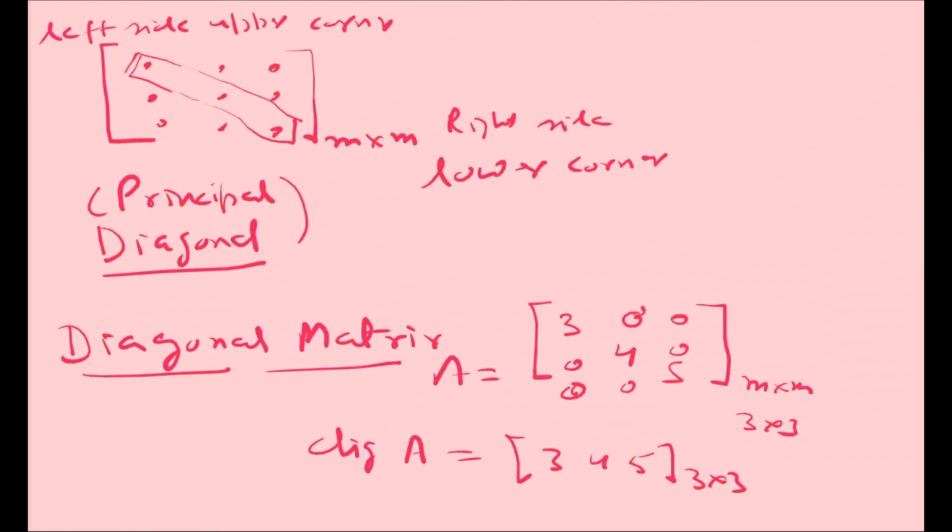So if all non-diagonal elements are 0, then the matrix is said to be a diagonal matrix. So we can write the formula here.